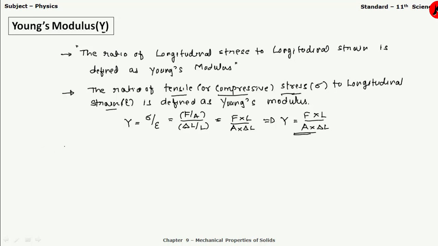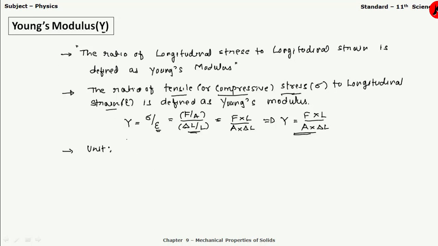Now what about its unit? We know strain is a unitless quantity, so the unit of longitudinal stress will be the unit of Young's modulus.